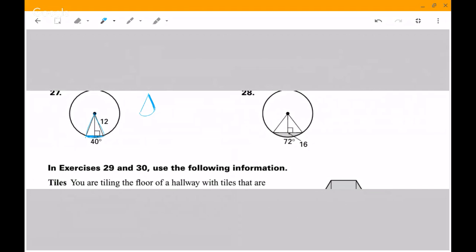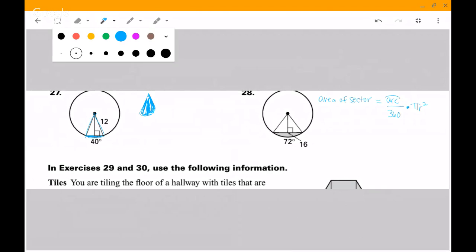So the formula for the area of a sector, I'm writing it over here so I won't take up all the room. You can write it as a proportion, or you can do the area of a sector equals the arc measure over 360 times the area of the circle. Remember that formula?